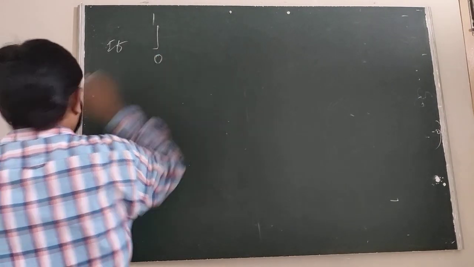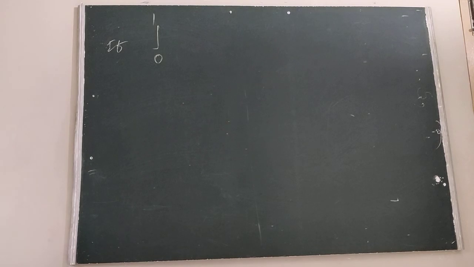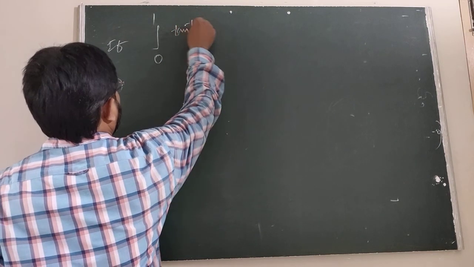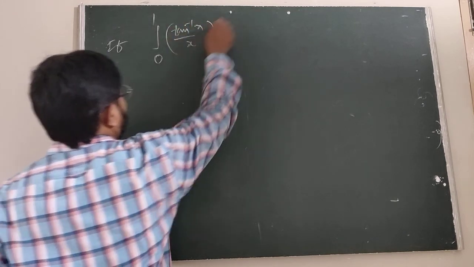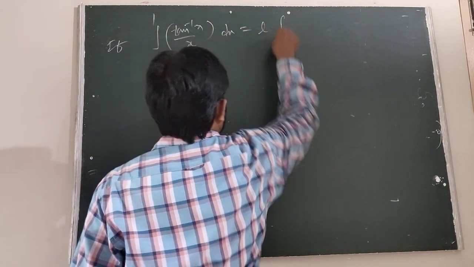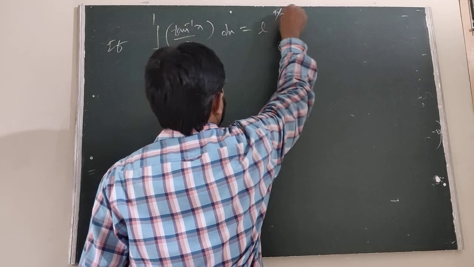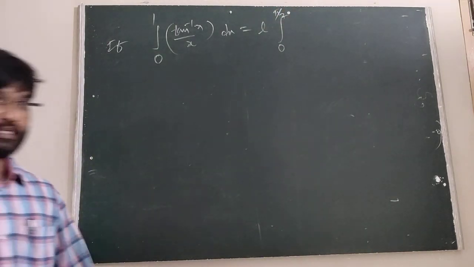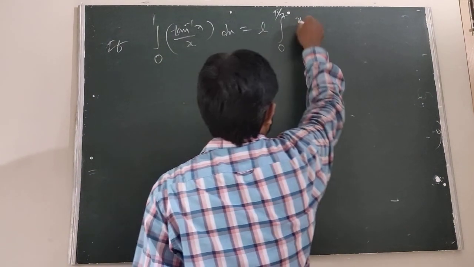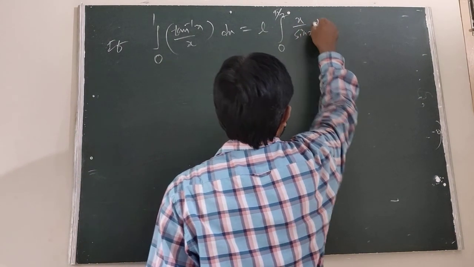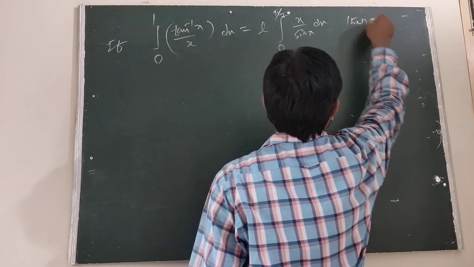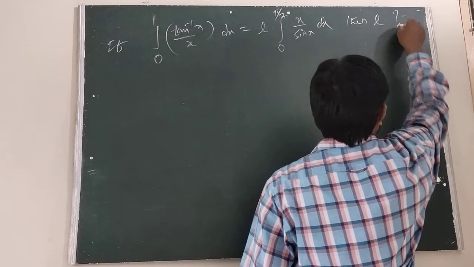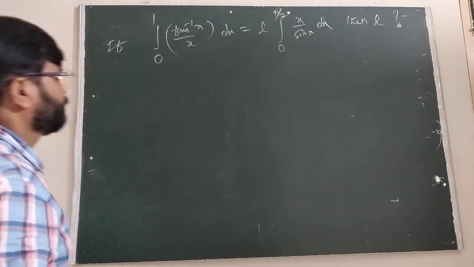Integral 0 to 1 tan inverse x by x into dx. L into integral 0 to pi by 2 x by sin x dx, then the L value. How to find the L?